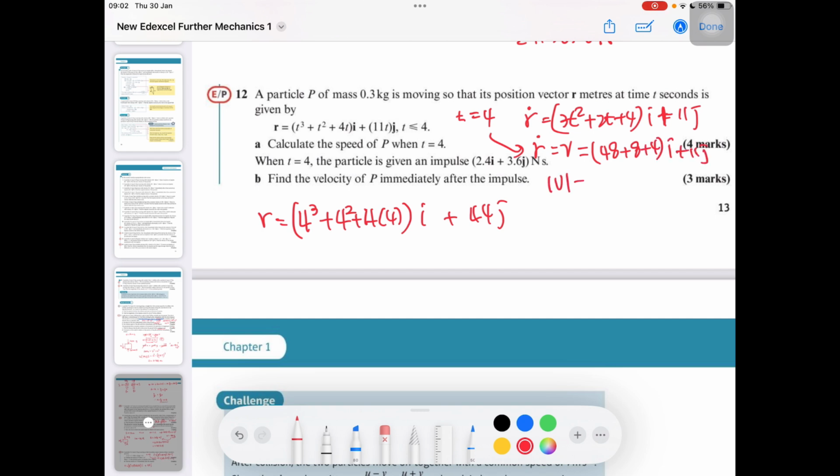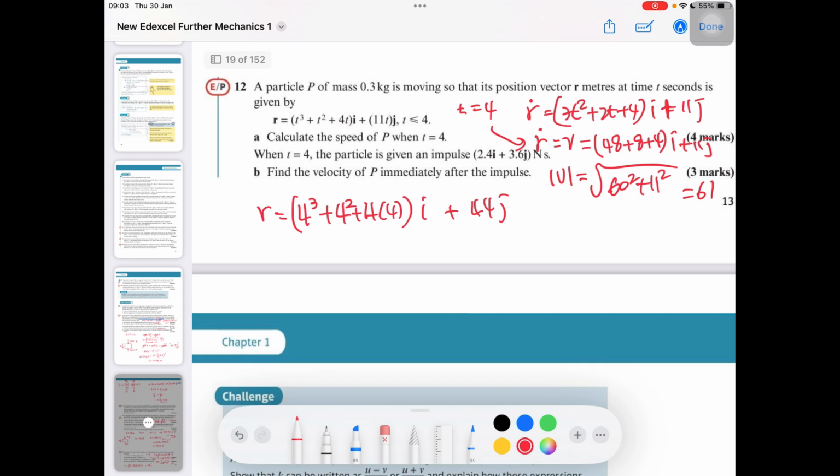So speed is magnitude of velocity. So square root of 60 squared plus 11 squared, 61. So speed is 61 meter per second at t equals 4.